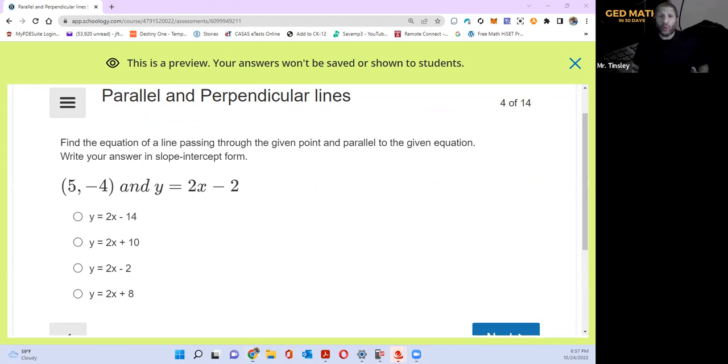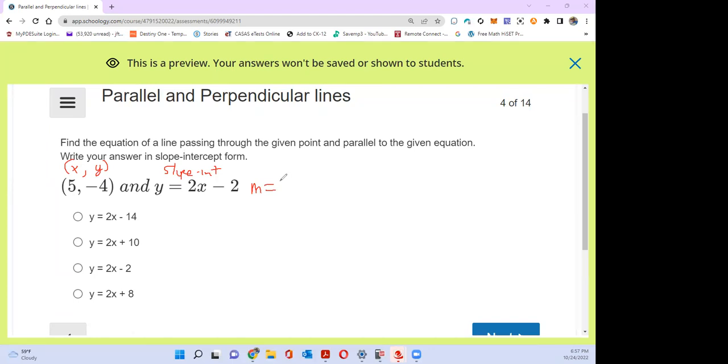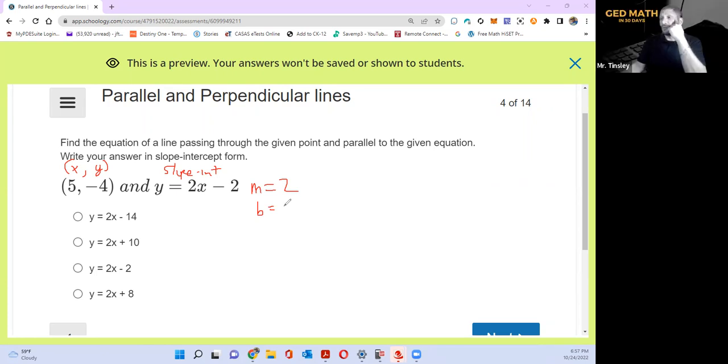So first of all, you always identify your givens. That's my X. That's my Y. Because this is slope-intercept form, what's my slope? 2. What's my Y-intercept? -2.